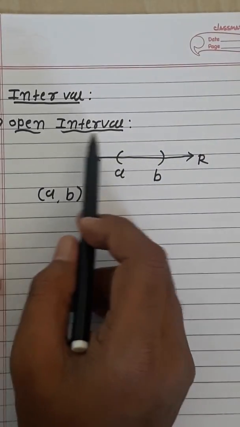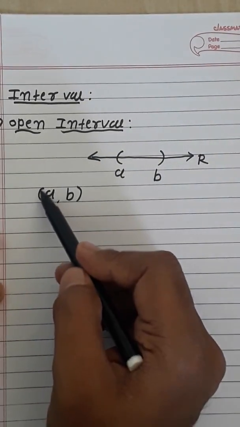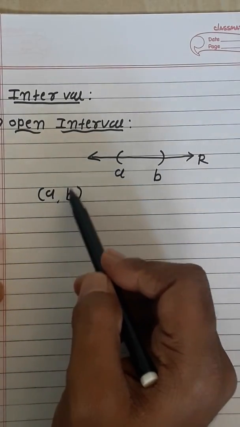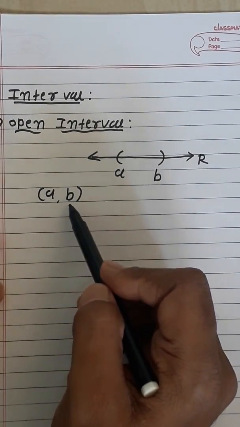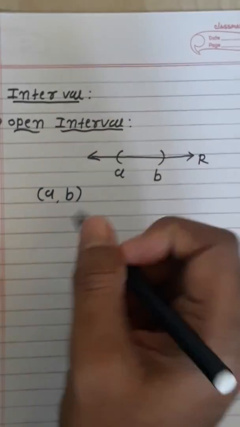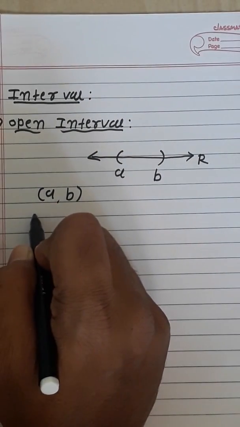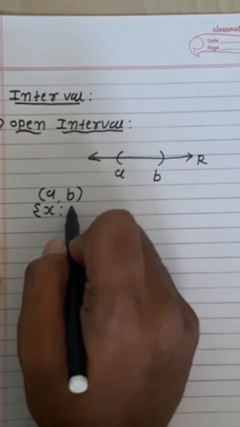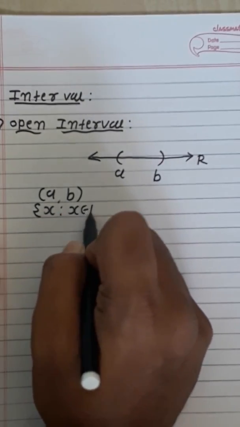Here open interval form is present, so we can represent it in small brackets: (A, B). Now in set builder form we can represent it as {x : x belongs to R, A < x < B}.